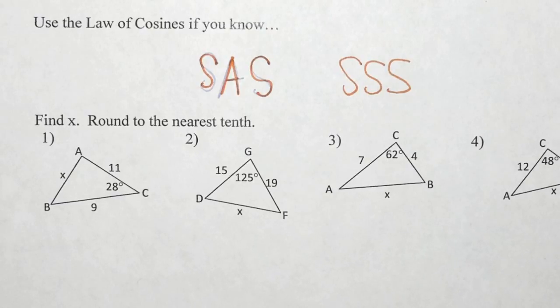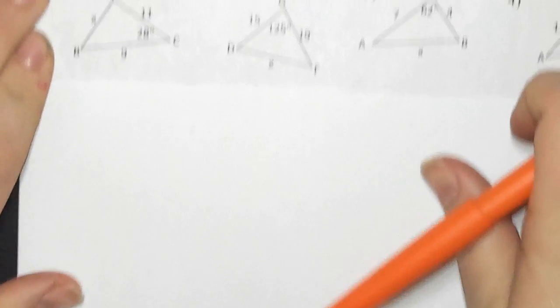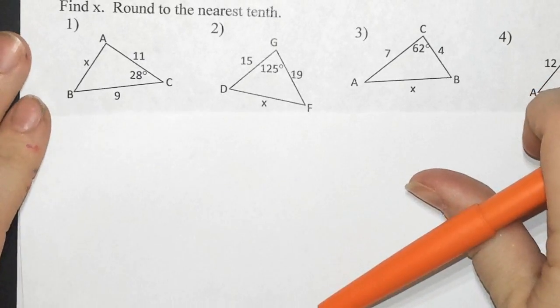Now on your test, because this is a little rushed, I'm going to tell you, you need to use law of sines. You need to use law of cosines. So I will tell you which one to use. So all you need to do is know how to interpret these formulas. Okay, like I said, I write big. So my work is going to take up a little bit of space.